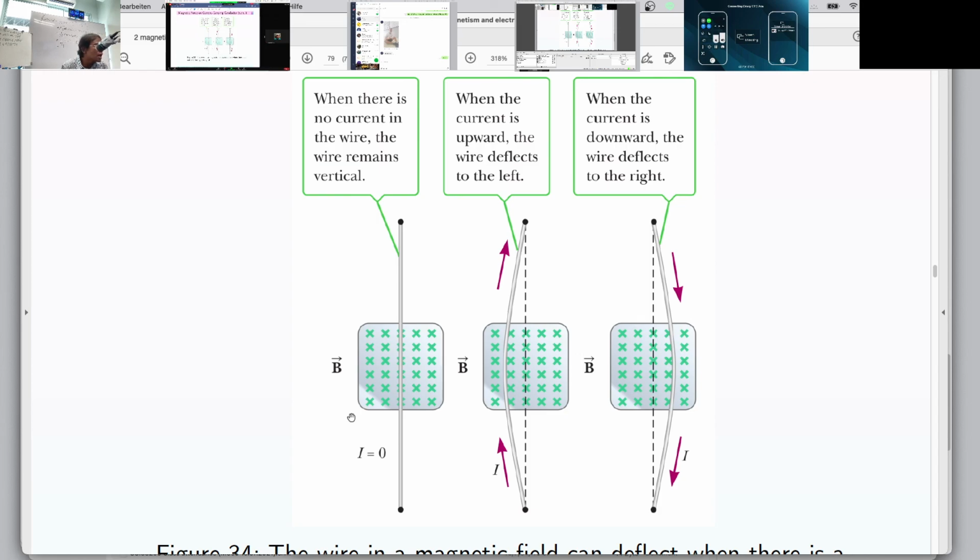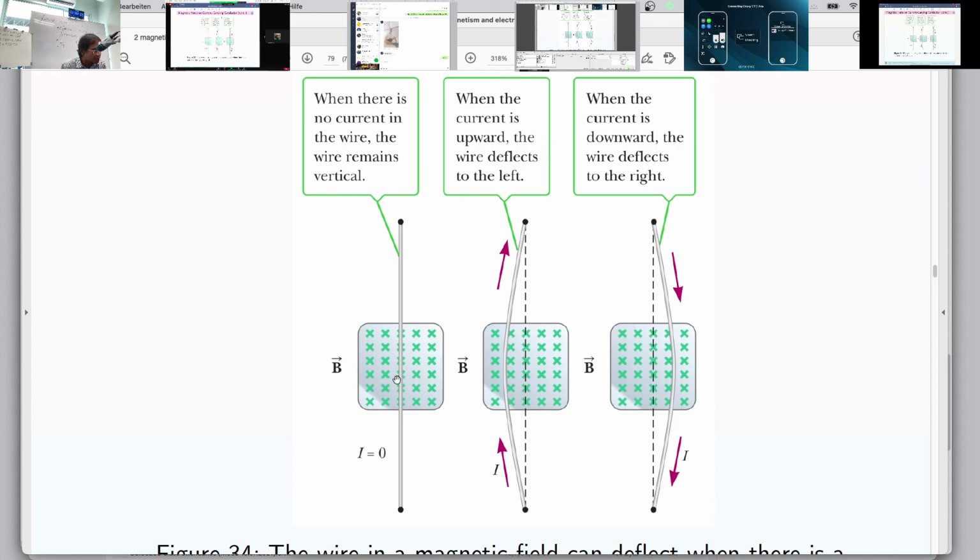There is no charge moving at all inside the connector. Even if in some areas you have a really strong magnetic field, nothing is going to happen, because there is no charge movement at all inside the connector. That's the first situation. There is no charge movement in this area at all.